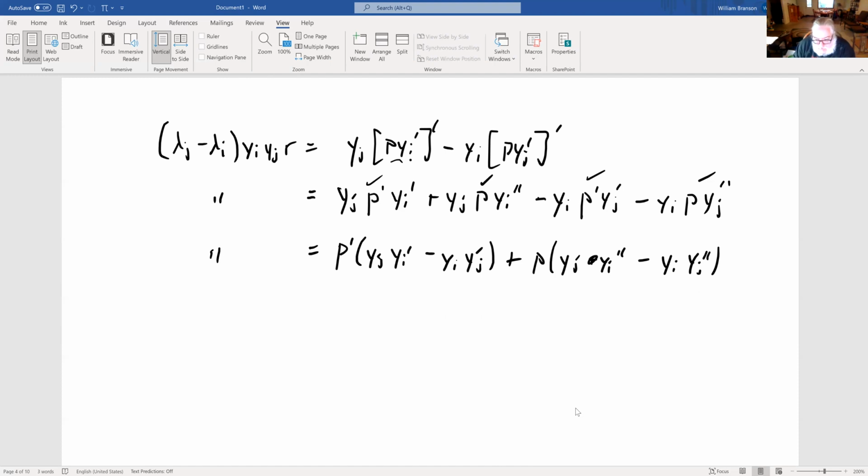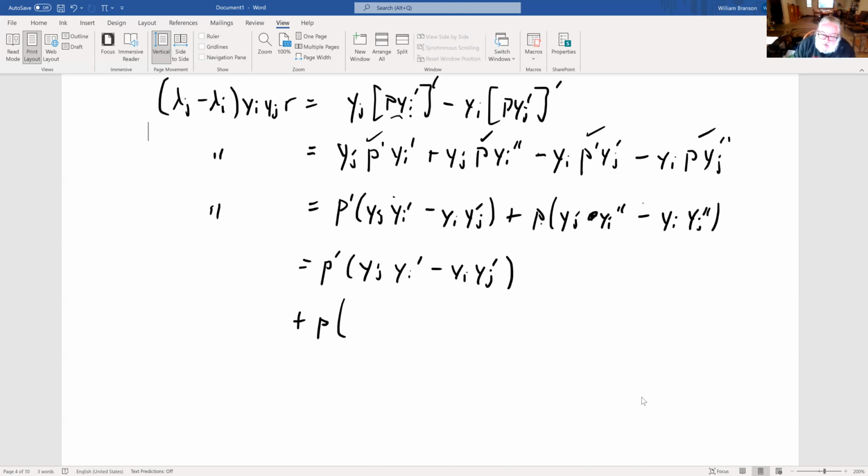So this part, this is beginning to look like a product rule, right? I've got a derivative of something times something plus the function times something, right? There's a p prime and there's a p. So if the derivative of this is equal to that, this is exactly a product rule. So I'm going to modify this a little bit. We'll write down the p prime term. And then below it, write down what we have. So we've got yj times yi double prime.